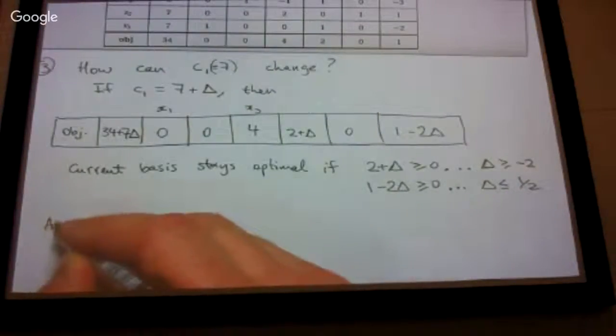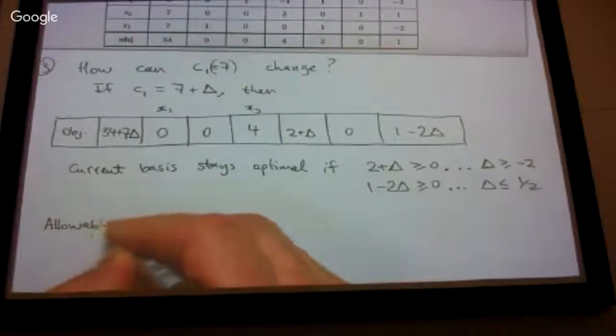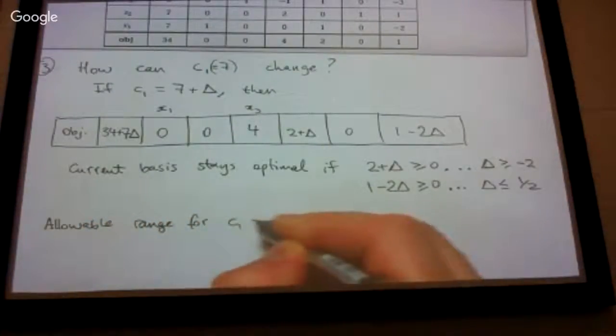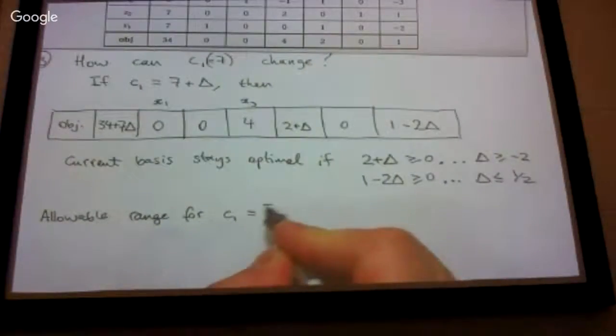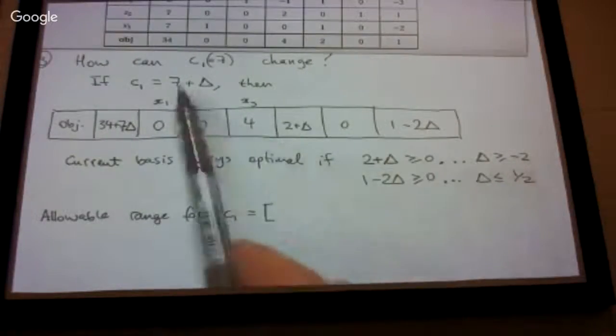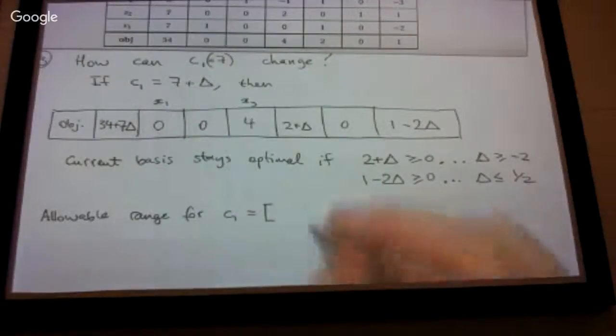So the allowable range for C1 is, what? Well, delta has to be at least minus 2. C1 is 7 plus delta, so this is 5.